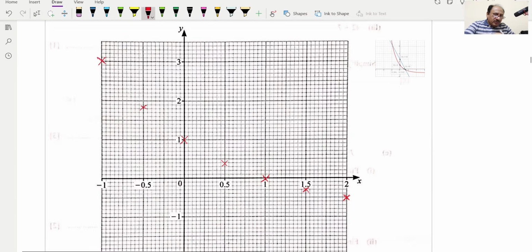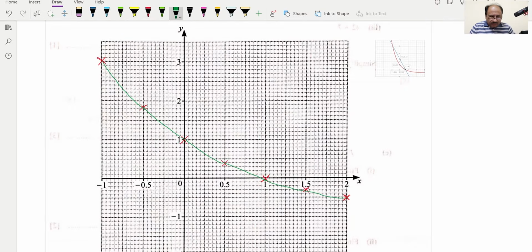Now we have to draw a smooth curve. A smooth curve means you have to draw freehand. You will not be using a scale, and you can turn the page according to your requirement. I will try to draw a curve as smooth as possible.